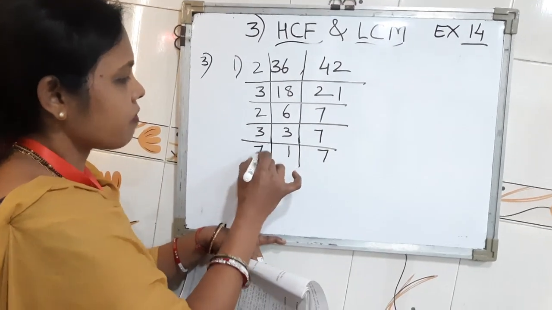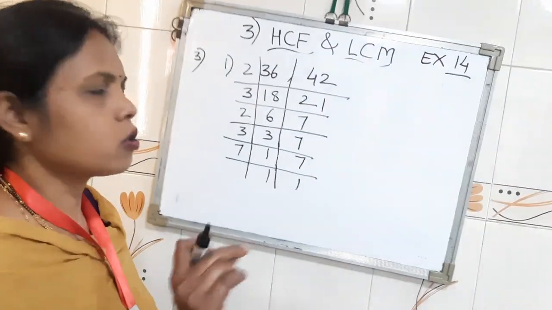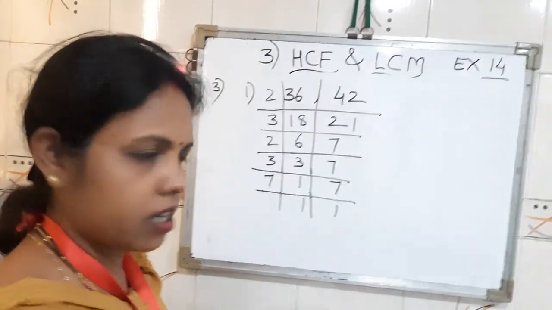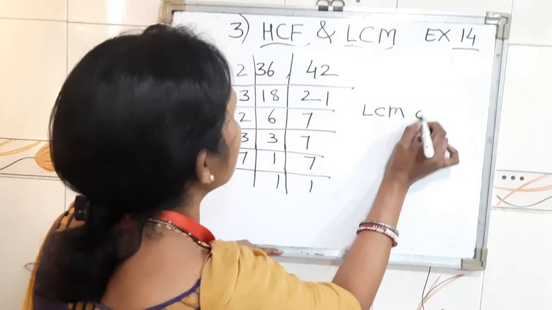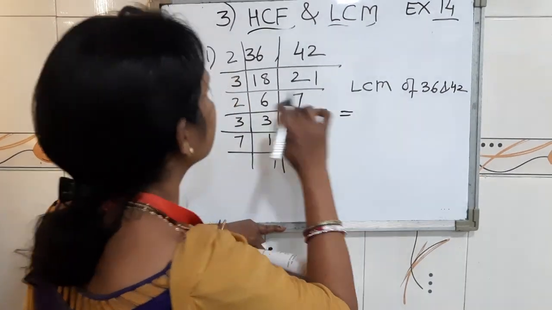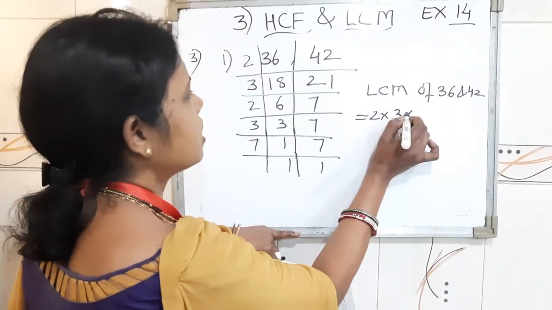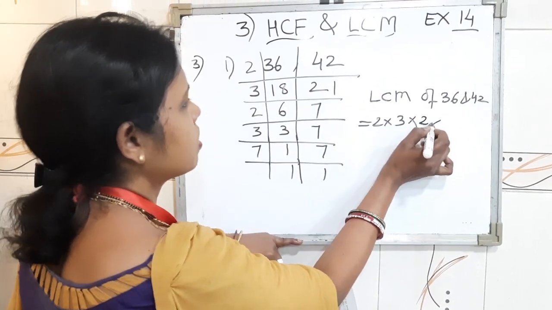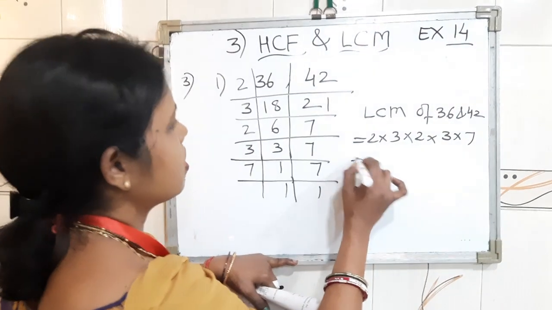Now next 7. Here both the numbers you got 1 1. Then you can stop there and write down LCM of 36 and 42 equals 2 into 3 into 2 into 3 into 7.